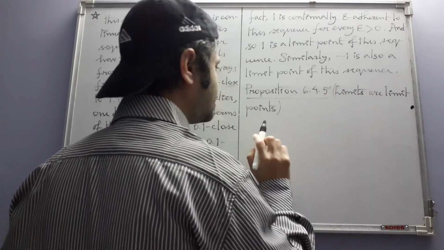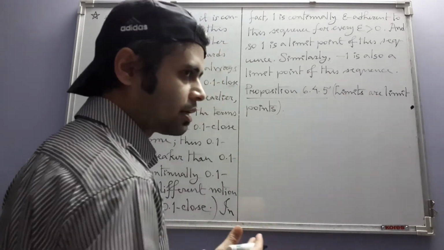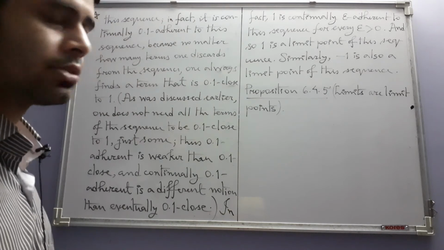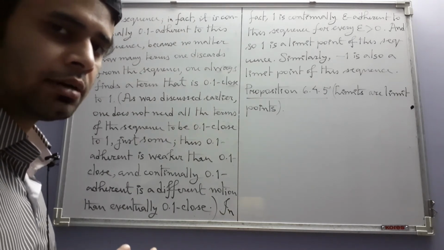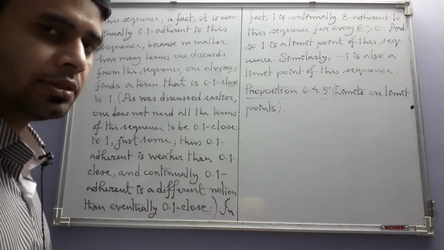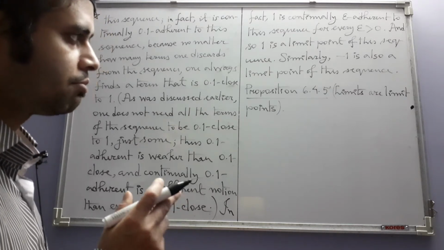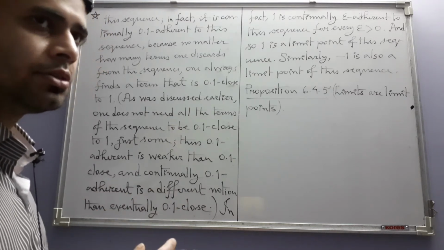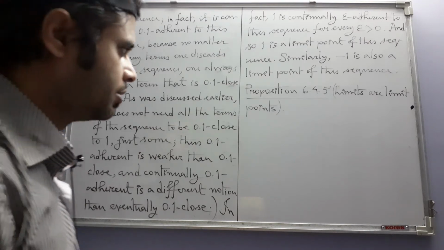Actually, this much is enough for us to understand what this proposition is going to say. It's going to say that if we have a convergent sequence, a convergent sequence means it will have some limit, then that limit will also be a limit point of the sequence.